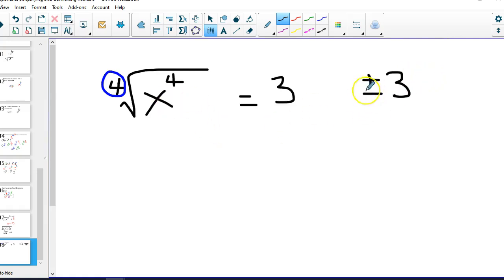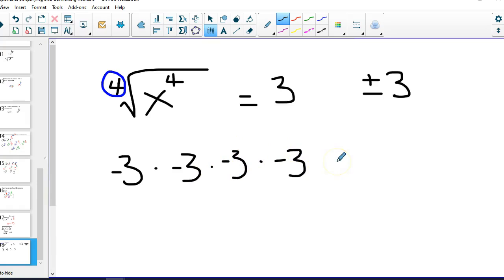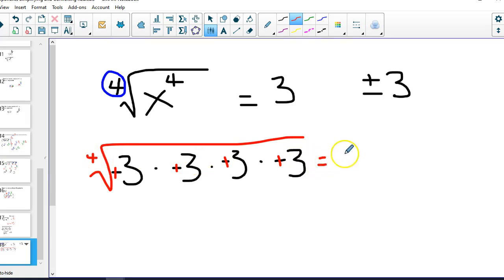Reason being, let's plug in negative 3 as a solution here. Negative 3 times negative 3 times negative 3 times negative 3. When I multiply all of these together, I have a negative times a negative, which makes a positive, and a negative times a negative, which is a positive. All of my negative signs are going to go away, and when I take the fourth root of this, it all comes back to just that positive 3.